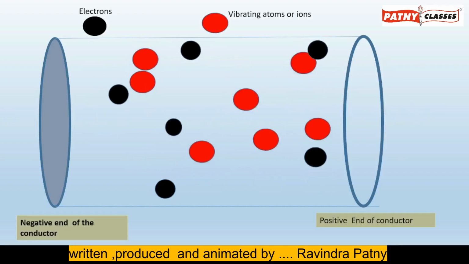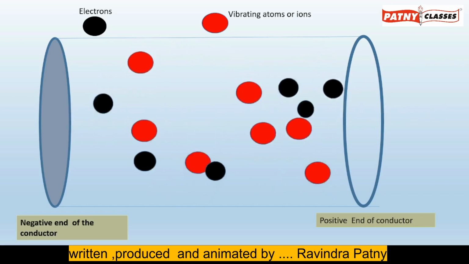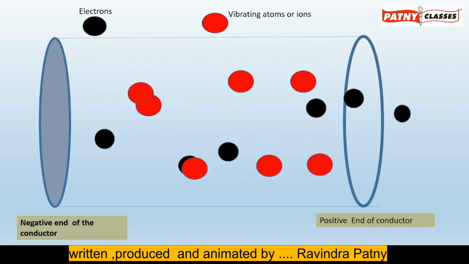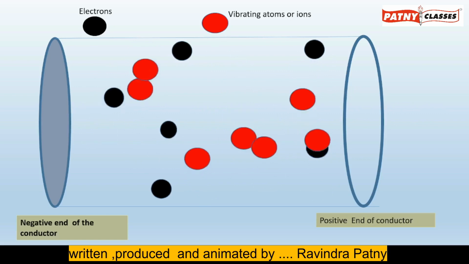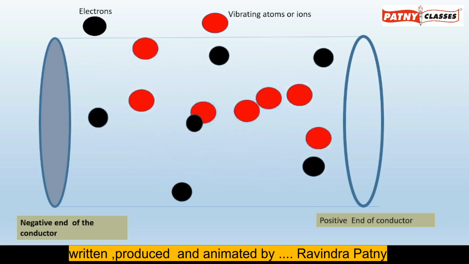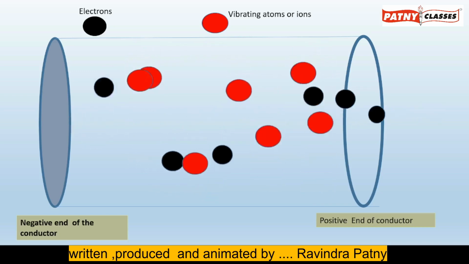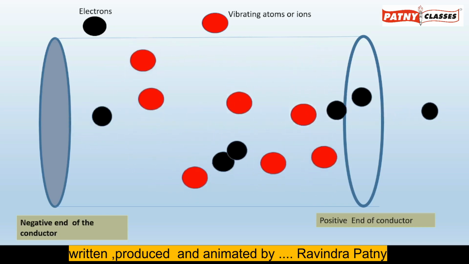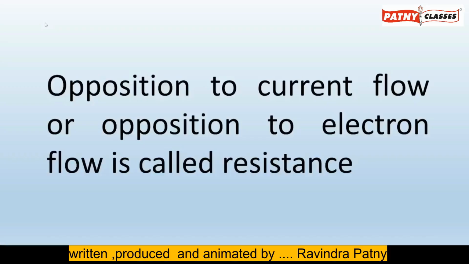Thus, when electrons flow inside a conductor, there is a large amount of opposition, and this opposition to the flow of electrons is called the resistance of the conductor. Opposition to current flow or opposition to electron flow is called resistance.